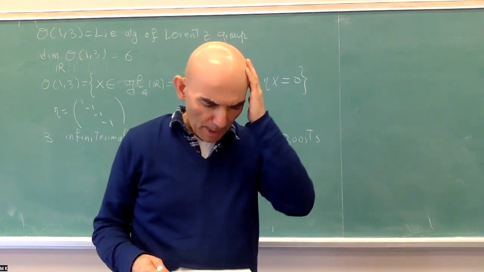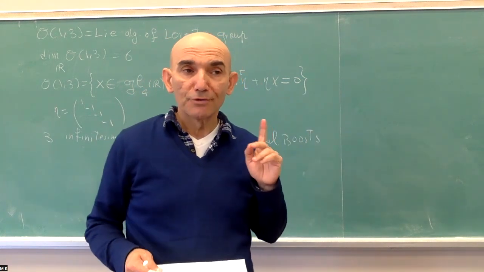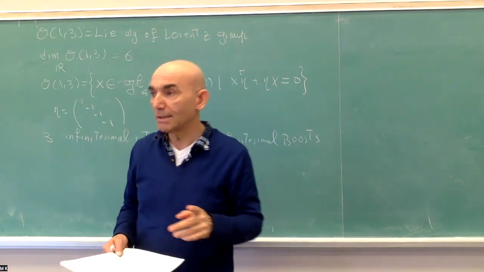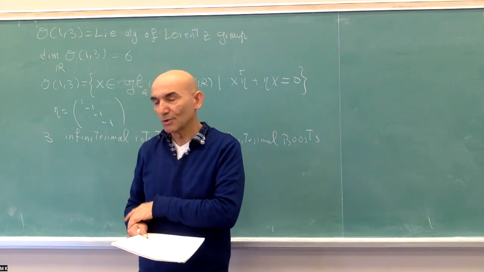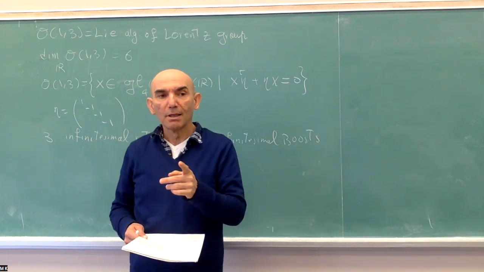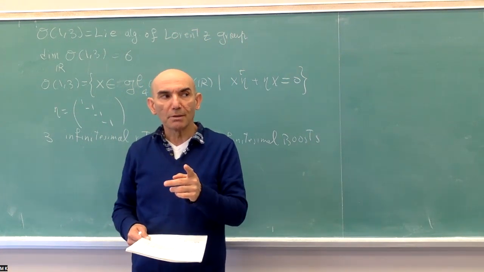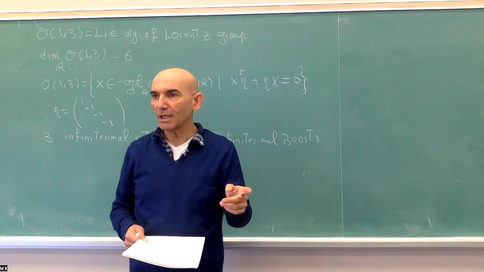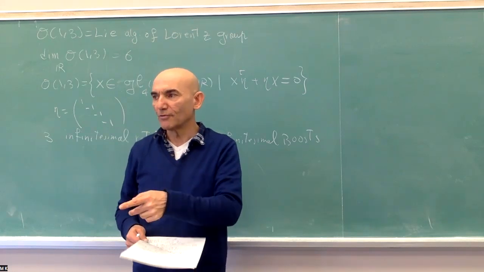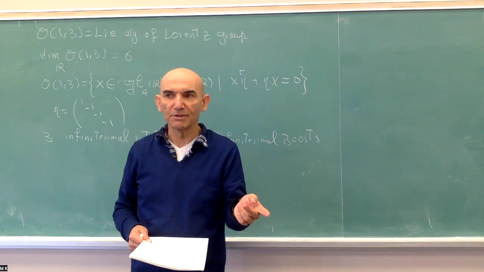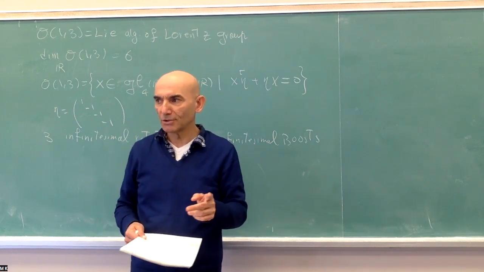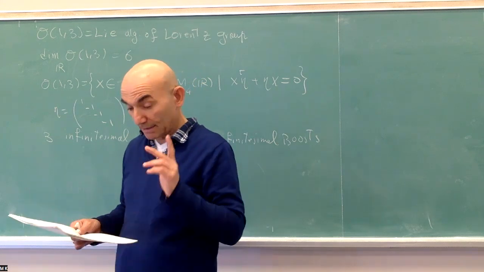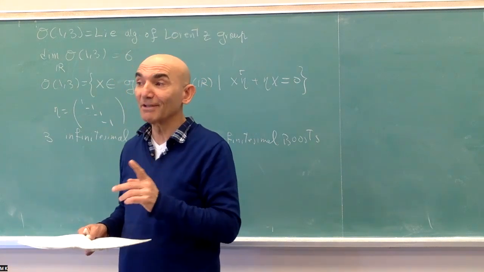So now the tricky thing is the way you're going to introduce this basis. We are not going to write something like x1, x2, x3 and maybe y1, y2, y3 for 3 boosts and 3 infinitesimal rotations. It's a different notation that's going to be introduced, and that's very tricky, very, very important.